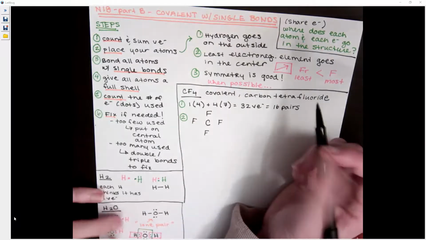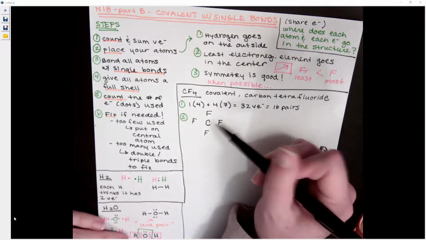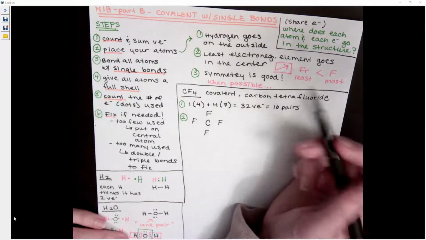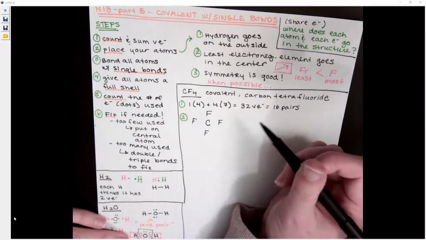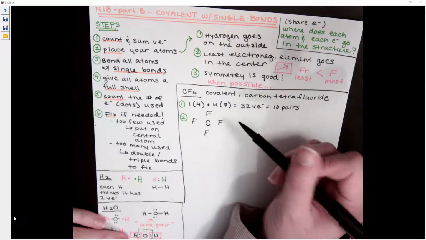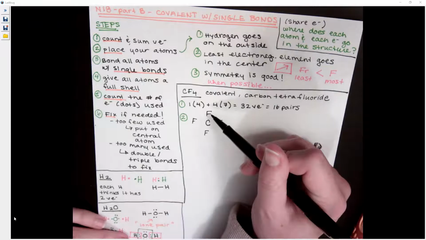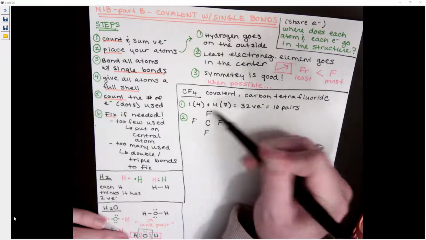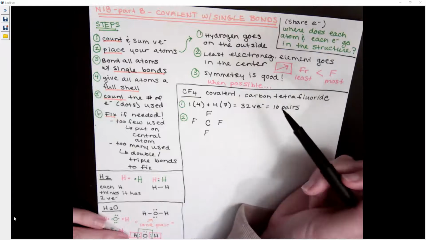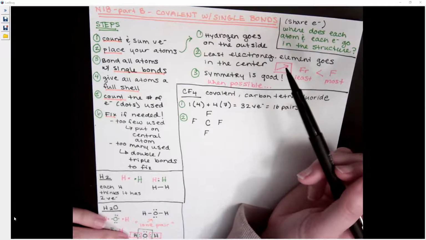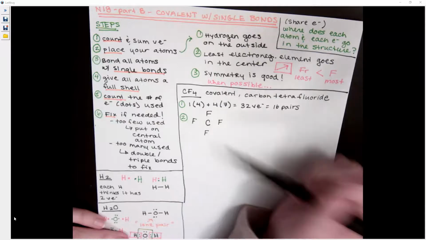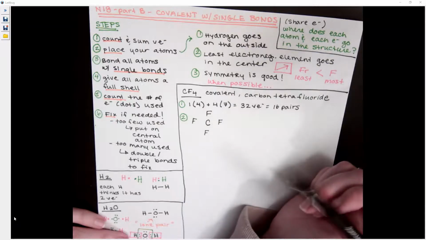Another little hint is that halogens typically will only make a single bond. They don't have to, they can do some other things, but usually they like to make single bonds. So that's another clue that I'm going to try to put them around on the outside. I'm not going to string them together in a big chain. The other thing is that if I look at the rule for symmetry, this is very symmetrical. So this is a really good way to set these up.